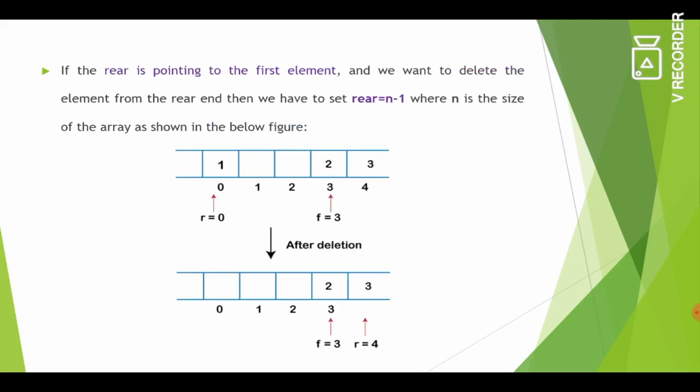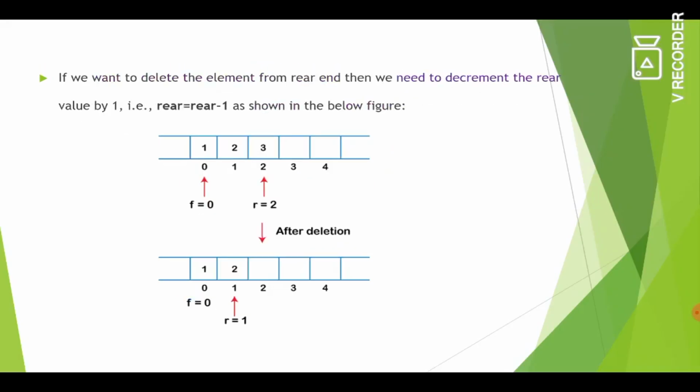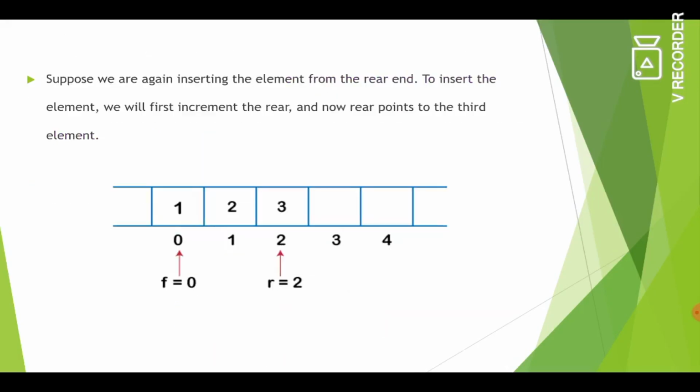See the figure, r equal to 0. So I have to decrement r by 1. Now r equal to minus 1. We know that it is an invalid index. So in this case, you have to set rear as n minus 1. In our problem, we have taken n as 5. So rear becomes 4. So that's about the procedure for deletion.